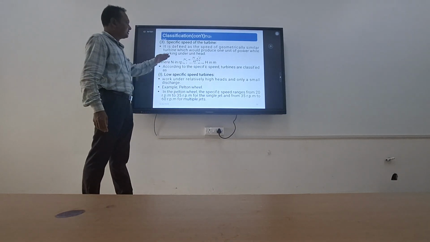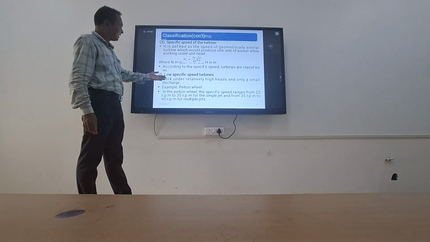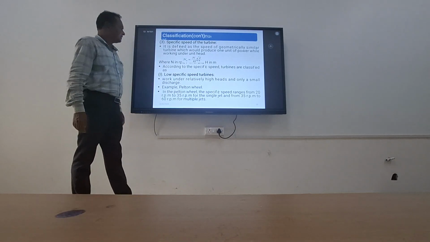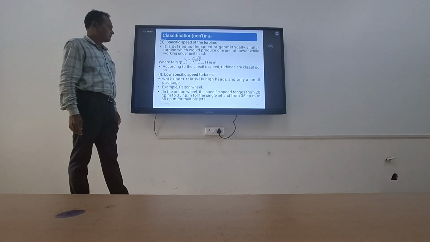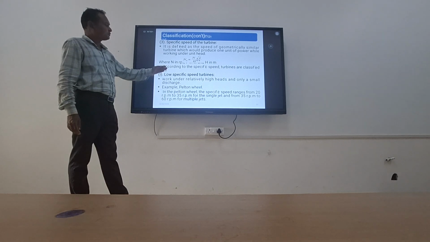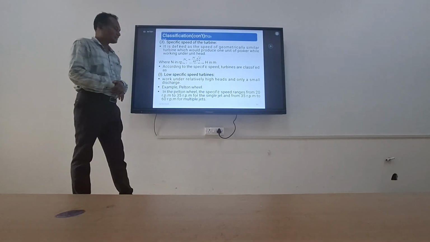According to specific speed, the first class is the low specific speed turbine. Low specific speed turbines operate at relatively high heads and with only a small discharge.